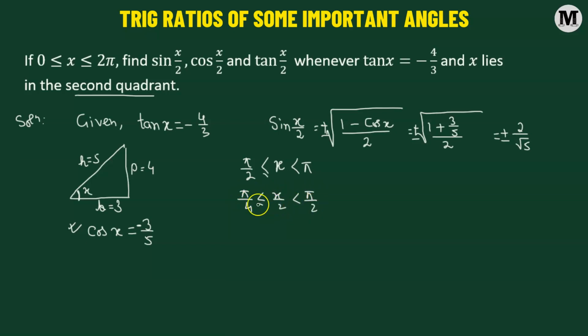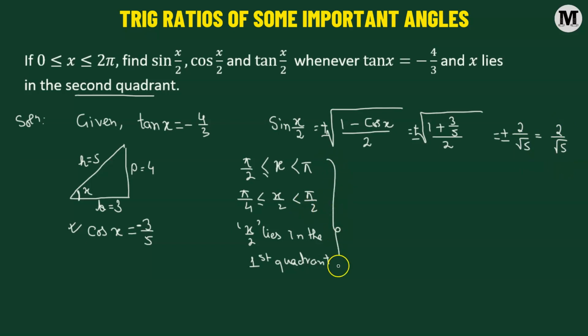Here x over 2 is greater than 45 degrees and less than 90 degrees, which means that x over 2 belongs to the first quadrant. Because x over 2 lies in the first quadrant, sine x over 2 is going to give us a positive value. So we'll only take the positive value, +2/square root of 5.